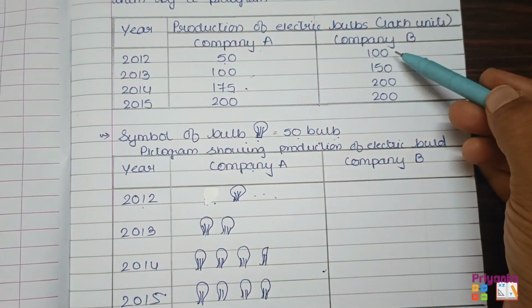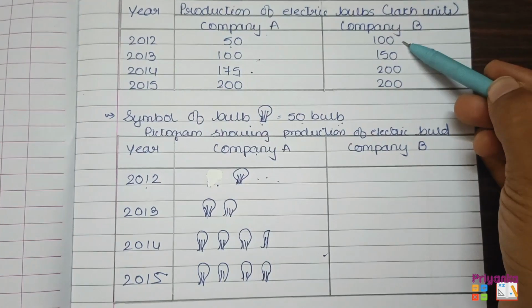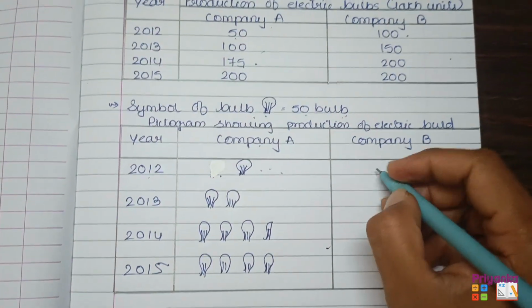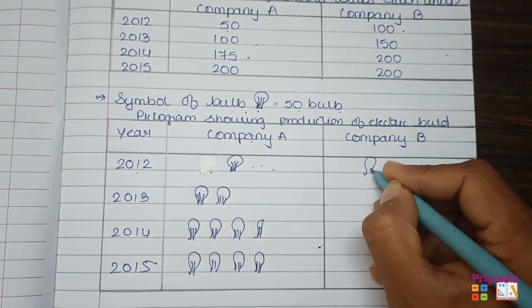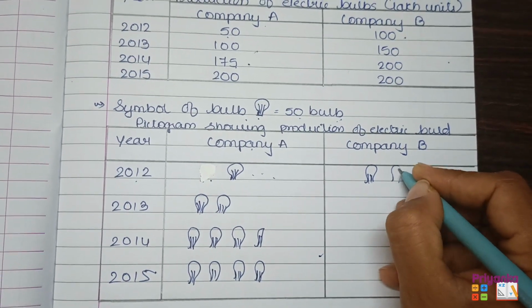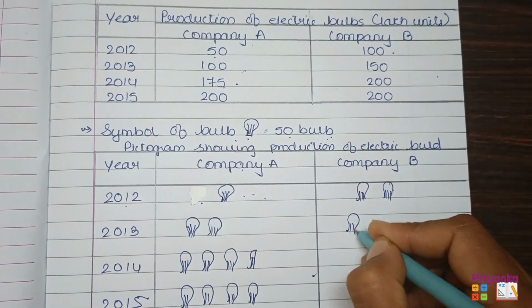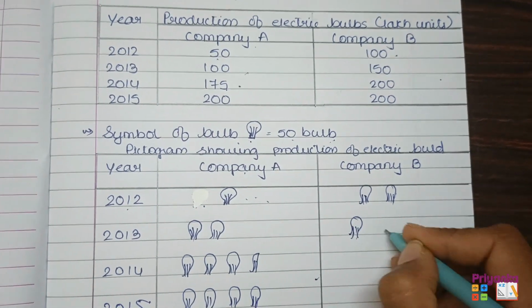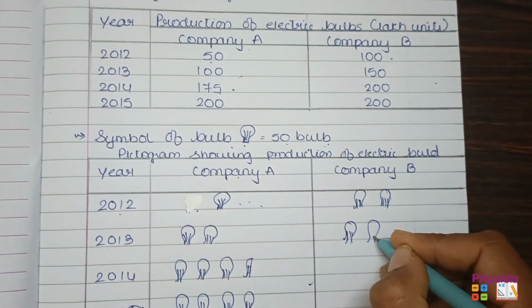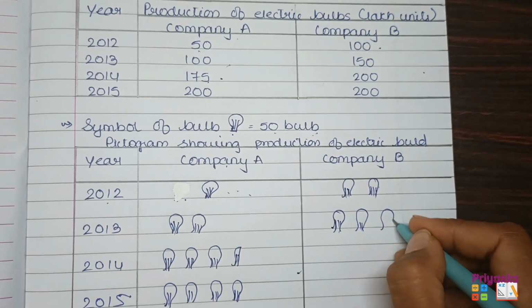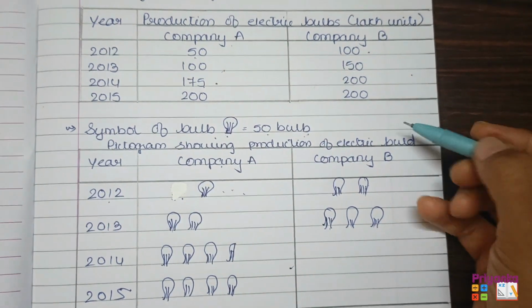Moving to the company B, here they show the production of 100 in 2012. So for 100 we'll make 2 bulbs. For 150 bulbs, sorry, I'm not good with this drawing and with one single hand.